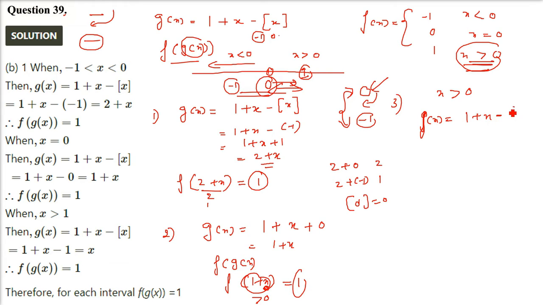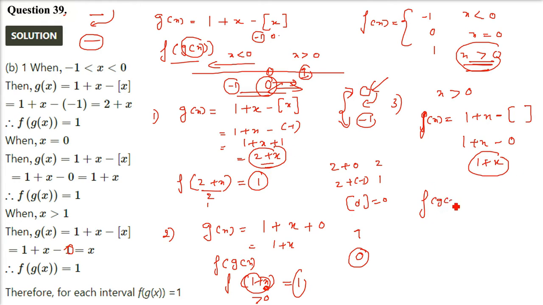So you are starting with 0 and you are going beyond that. The first interval will be 0 to 1. So put 1 and 0, and the lower value will be 0. So 1 plus [x], where the greatest integer function of x, which is between 1 and 0, will give you 0.